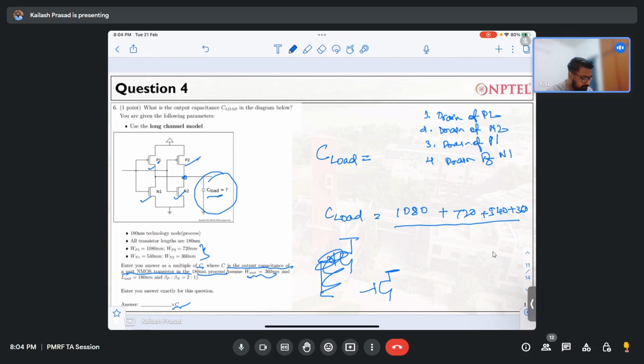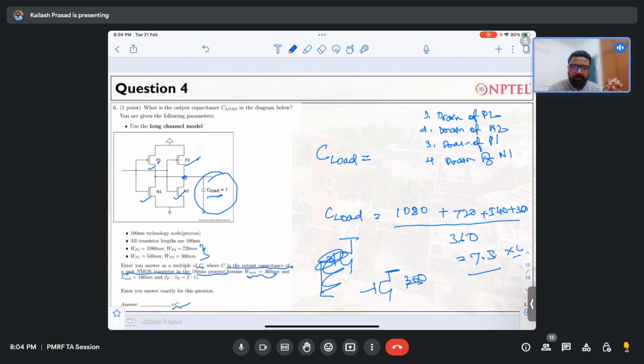This is 360. So what we have to find out is C load in terms of the unit NMOS. So this will be all this divided by 360, and the answer will come to 7.5 times C, because C is the unit which we have taken.